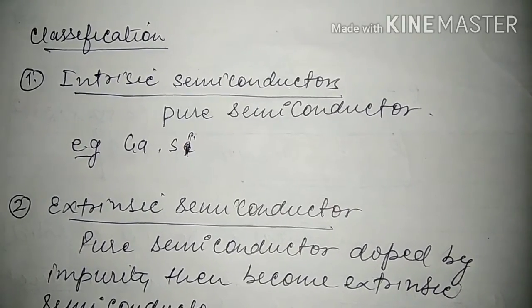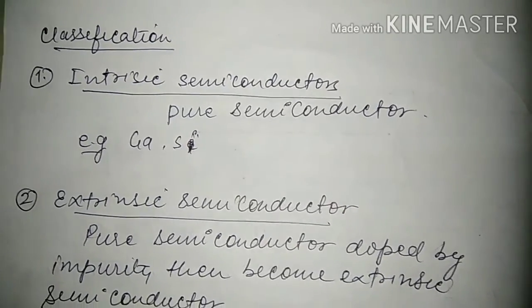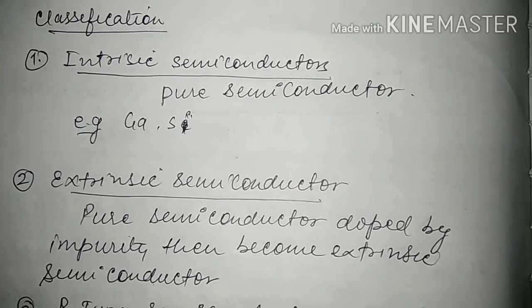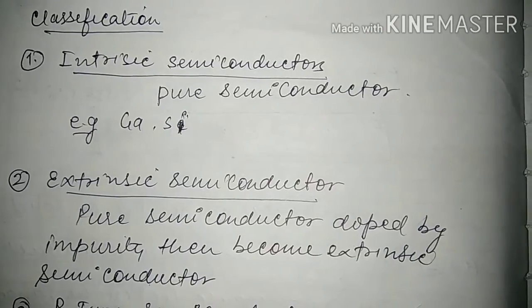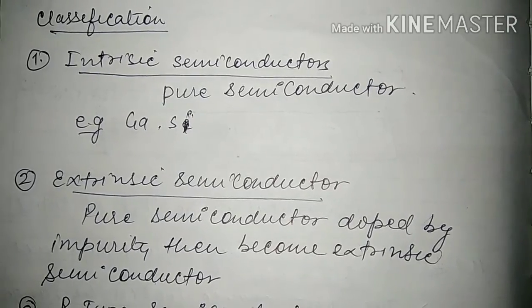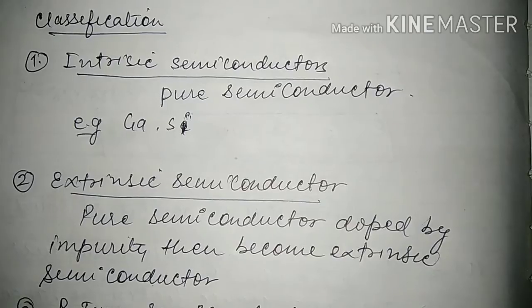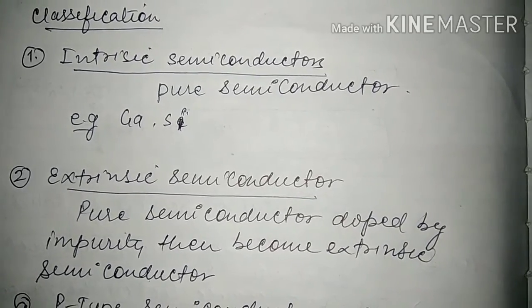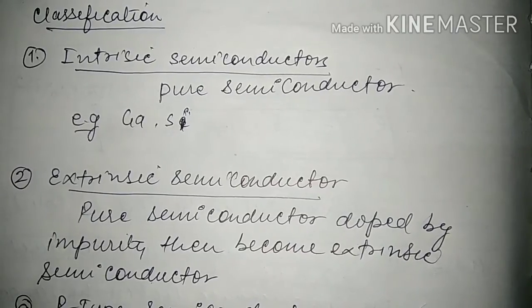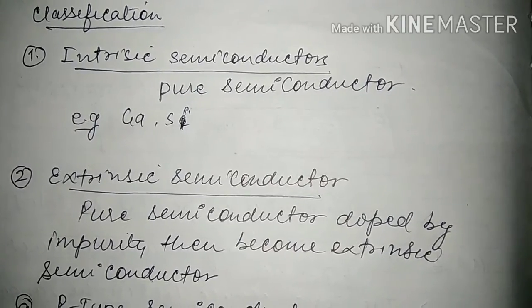And the second one is the extrinsic semiconductor, or you can say a pure semiconductor doped by impurity becomes an extrinsic semiconductor. Clear? It means they have impurities, so they conduct heat and electricity because they produce ions and electrons. Clear?